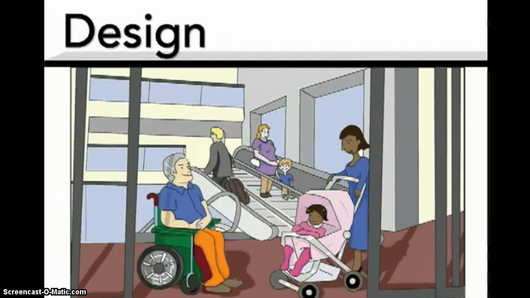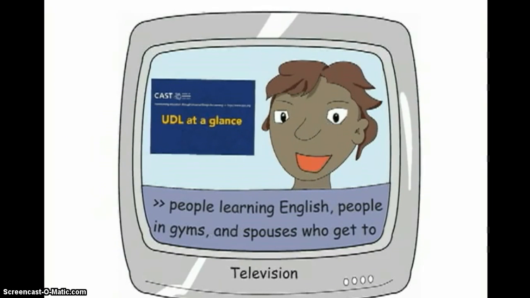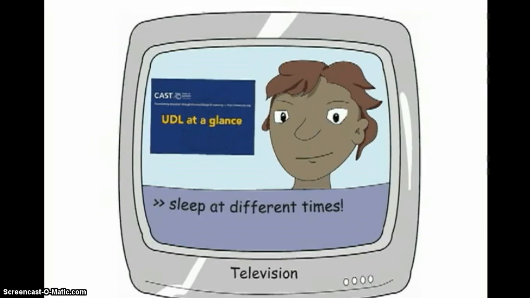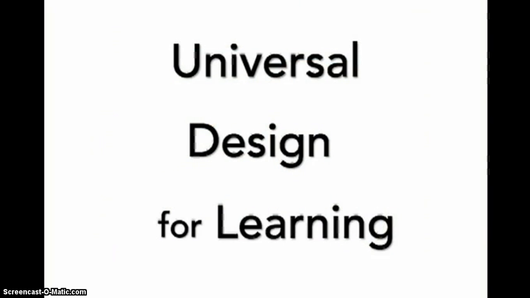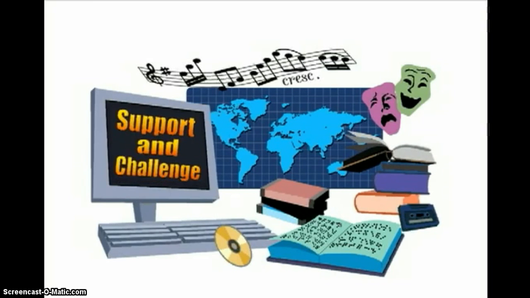Curb cuts and ramps are used by people in wheelchairs, people with strollers, and people on bikes. Captioning on TV serves people who are deaf, people learning English, people in gyms, and spouses who get to sleep at different times. UDL takes this idea and applies it to the design of flexible curriculum. UDL goes beyond access because we need to build in support and challenge.